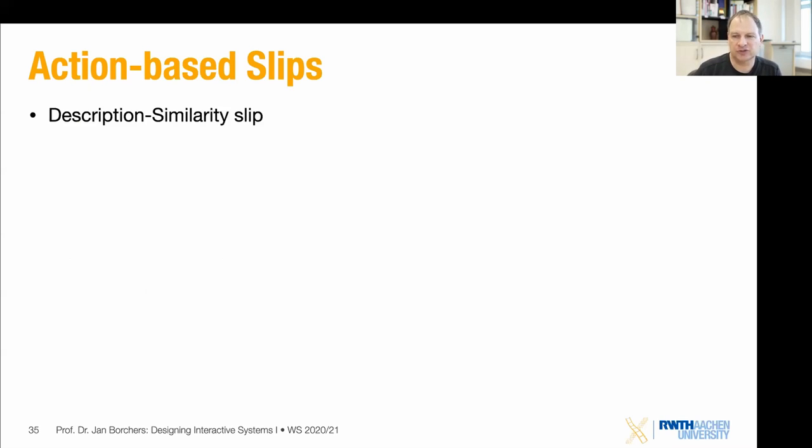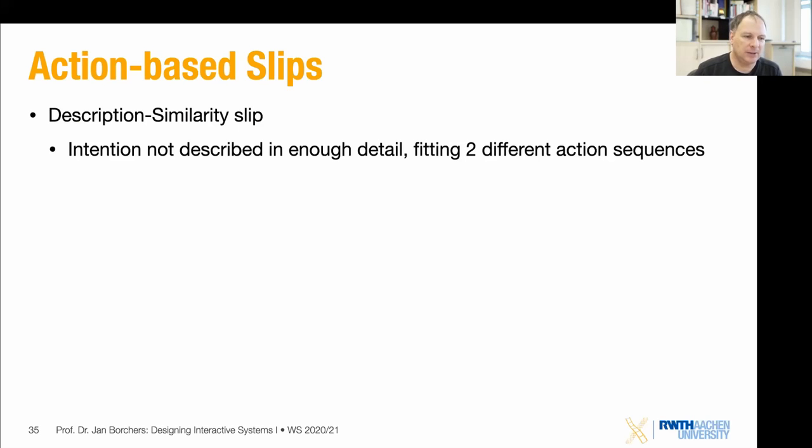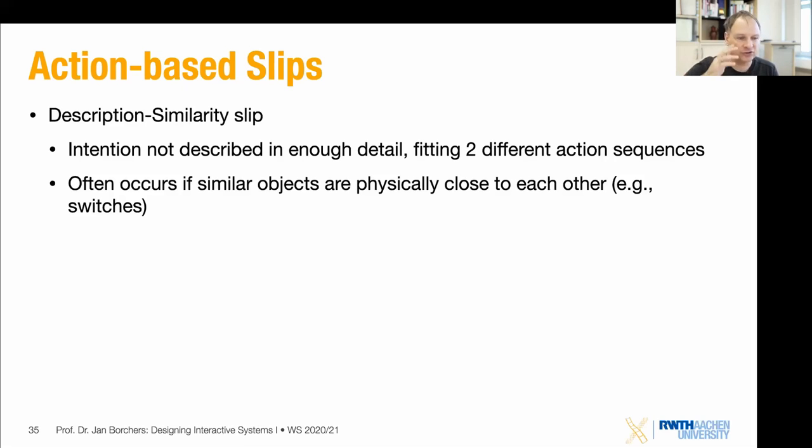Second one, description similarity. This is when the intention of the action was not described in enough detail. So you're starting with something, and the intention isn't described in enough detail, so it fits two different action sequences. This often occurs if similar objects are physically close to each other. For example, switches.